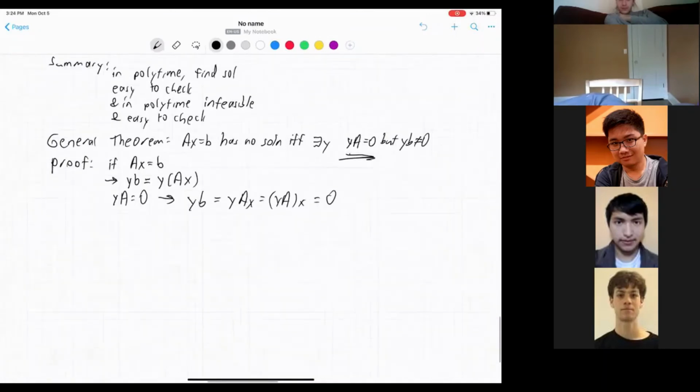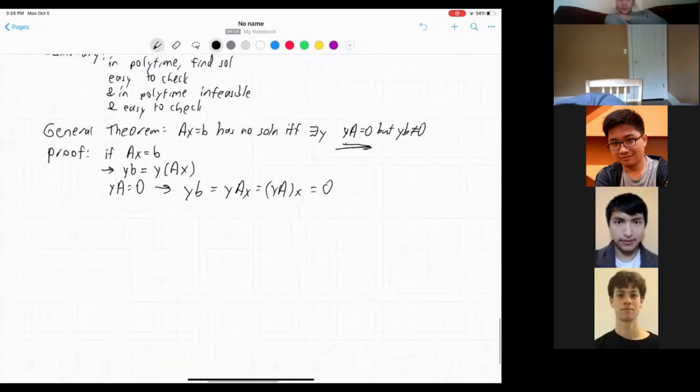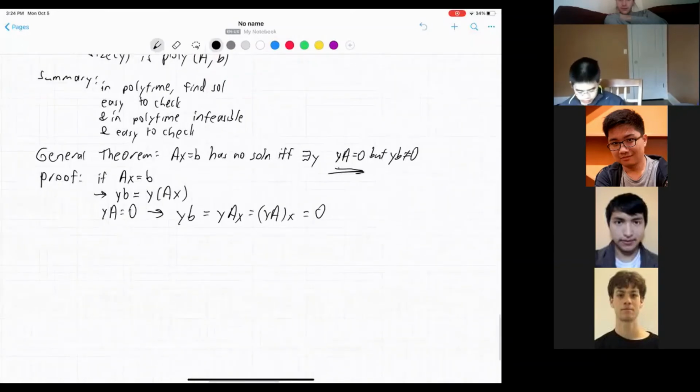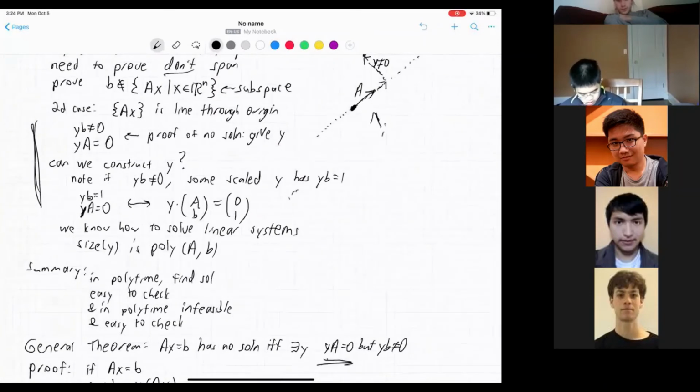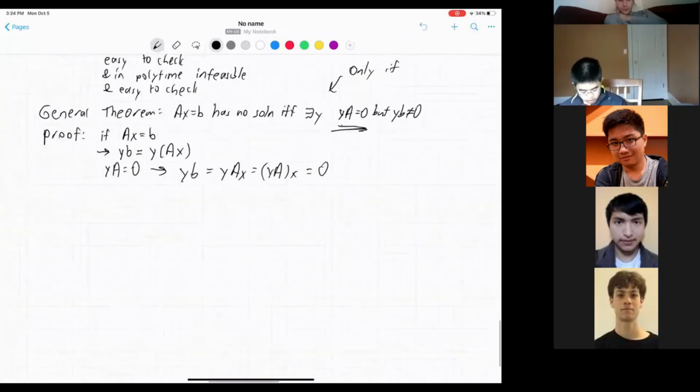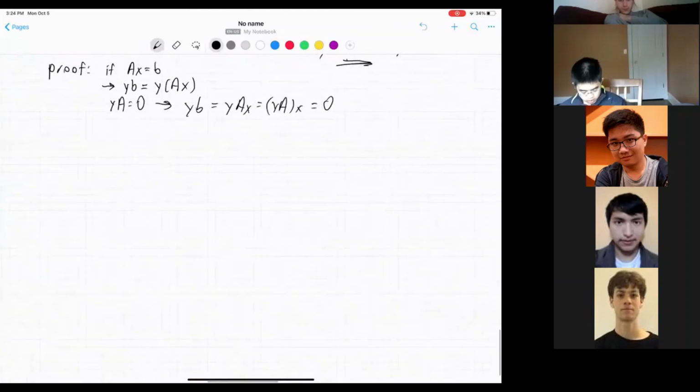On the other hand, if there is a solution, then there is no way for me to give the infeasibility witness, because anything that satisfies YA equals 0 is also going to satisfy YB equals 0. Okay, so this is the if, and this is the only if portion of this general theorem. Okay, so now we can go on to inequalities.